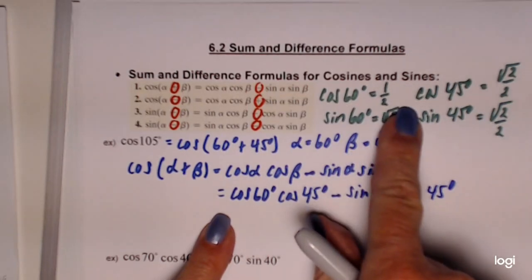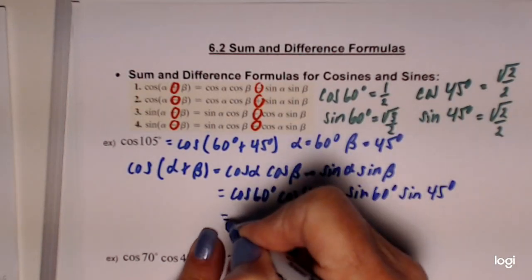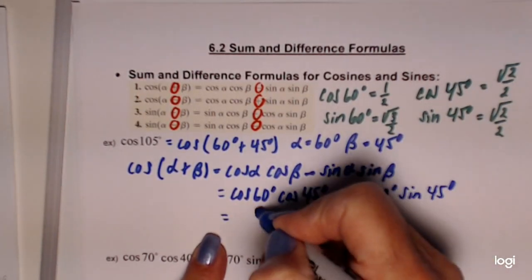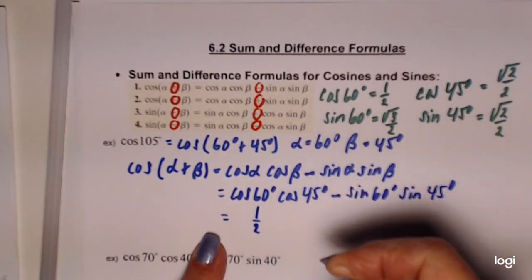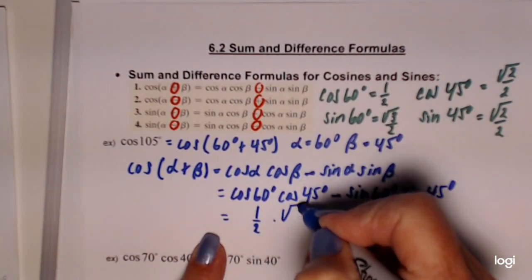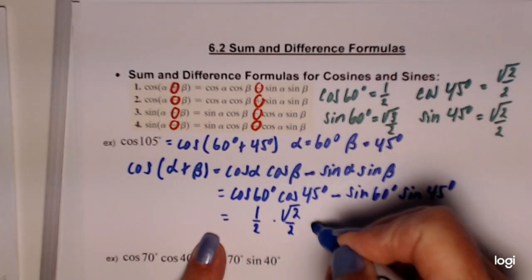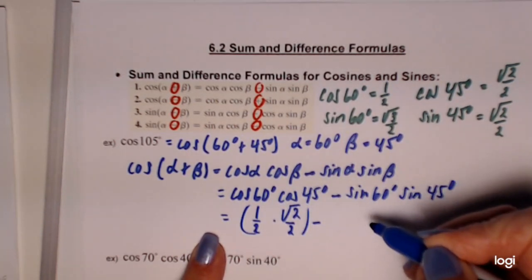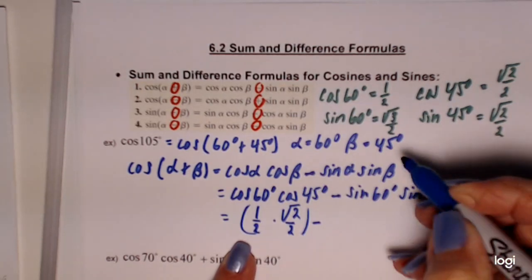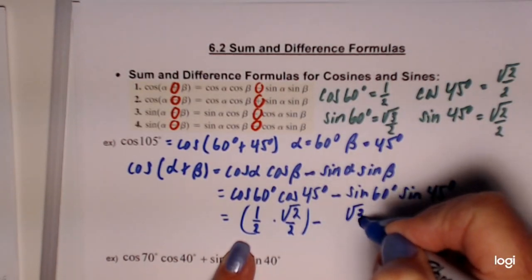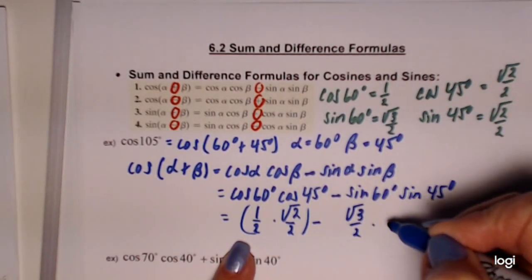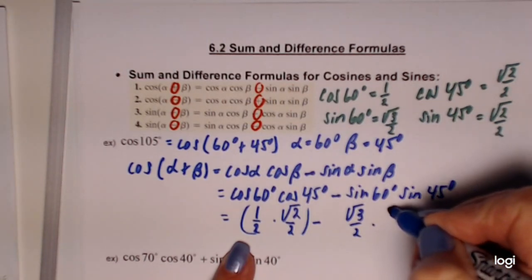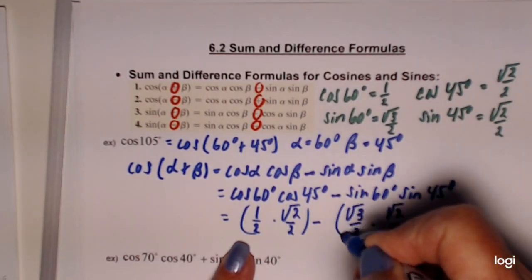Now we can go and substitute in these values here. So we said that the cosine of 60 is 1/2, cosine of 45 is radical 2 over 2, minus, then over here, and I'm going to put this in here so we don't mess up any signs, the sine of 60 is radical 3 over 2, and sine of 45 is radical 2 over 2.